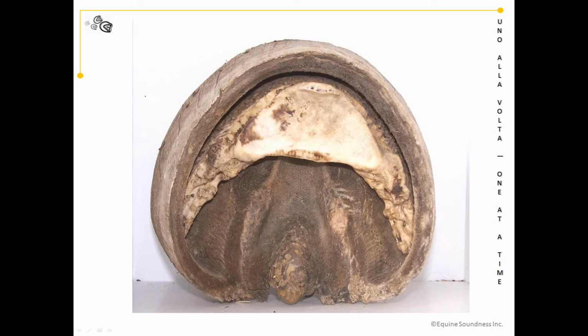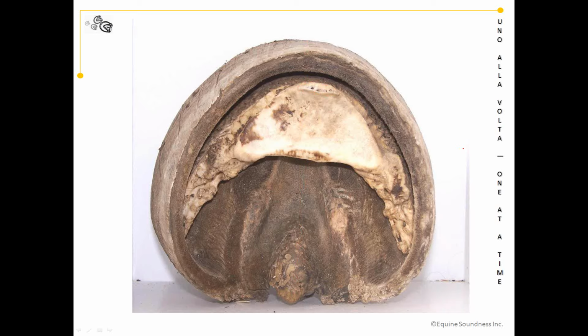This coffin bone sits a little crooked here. I have no history of this picture. The toe middle would be more here, and if we follow this down through the frog middle, you see that the extensor process is just a little off center.